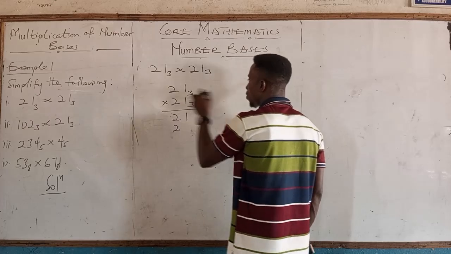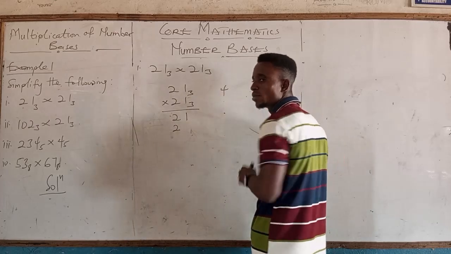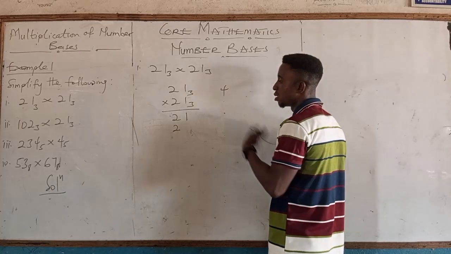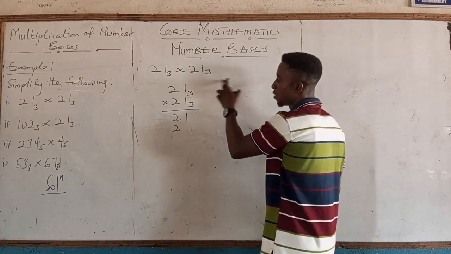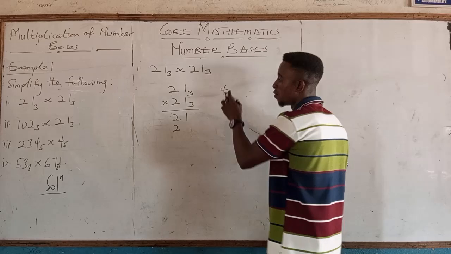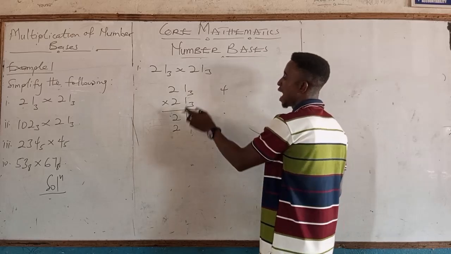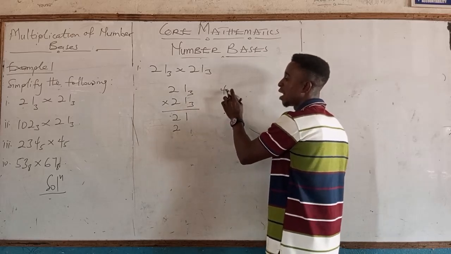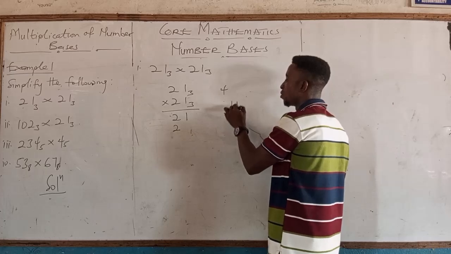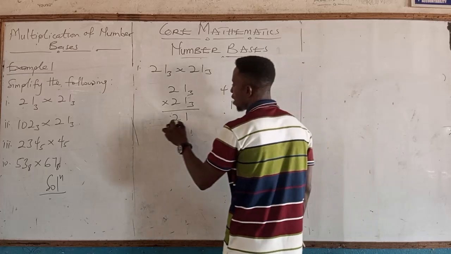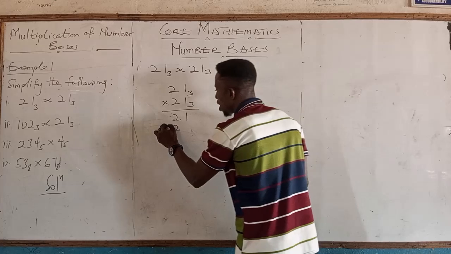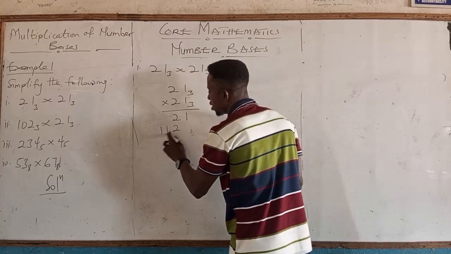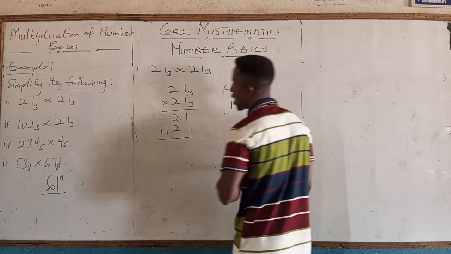Then 2 times 2 is 4, which is not a digit in base 3. So I have to convert this to base 3. How many groups of 3 can I have here? We said 1, then 1 unit left. So instead of the 4, I'll write 1 and 1. Then I have to sum everything up.